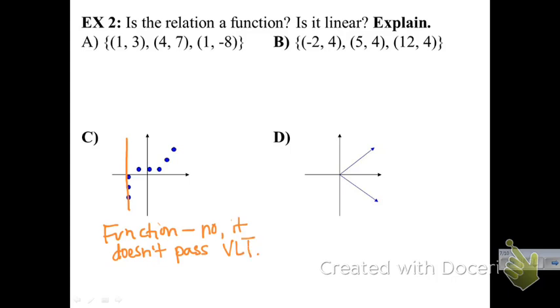We're going to call it the VLT, which we thought was really kind of funny in class. Then, is it linear? That's easy to see. No, it's not straight. A portion of it is, but the majority of it is not.